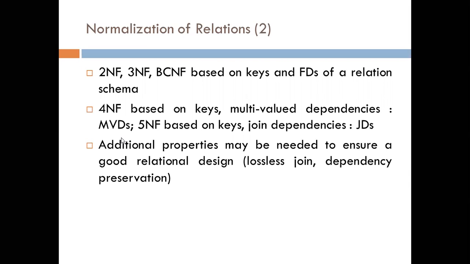This information is combined with some tests or conditions, we call them rules, for normal form, and we put our relation to the test, and if it fails a test, we will modify the relation. Modification is nothing but dividing the table into multiple tables. That process we call normalization.